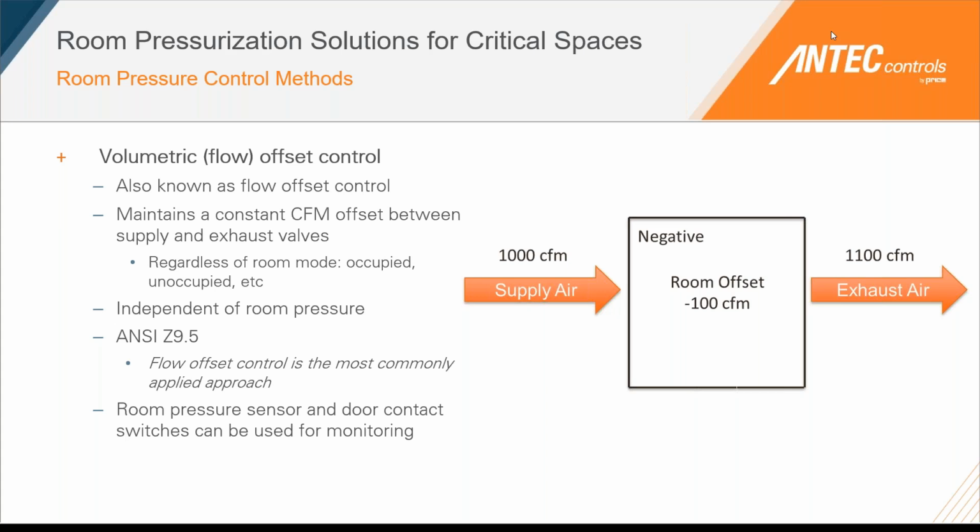So if the room is to be negatively pressurized, we have 1,000 CFM subtracted by 1,100 CFM, and that gives us a negative 100 CFM offset. Essentially that tells us the room is negative by 100 CFM. I think this might be more terminology, but I know some people will say the offset as an absolute, positive or negative, but in this case, we're saying that the room is negative and it's a negative 100 CFM offset.